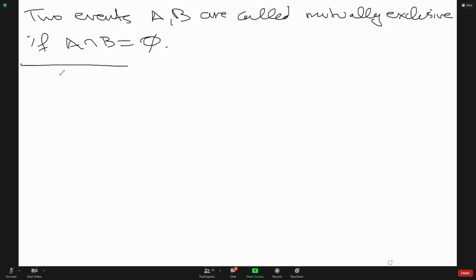Can you repeat it? So the point is that if we have two events whose intersection is empty, it means that they do not have any element in common. It means that none of the outcomes, the sample points they contain, they have in common.